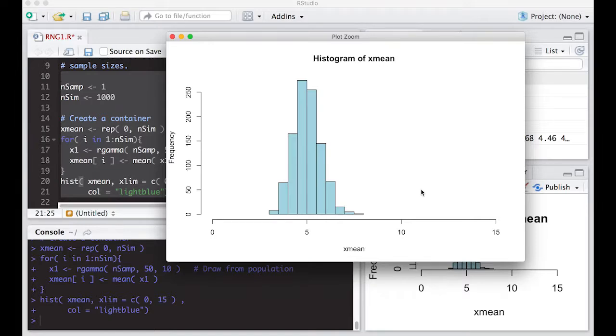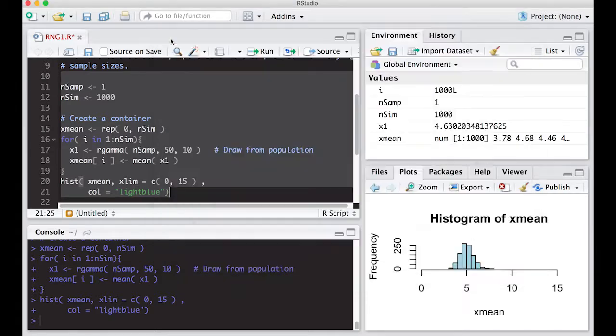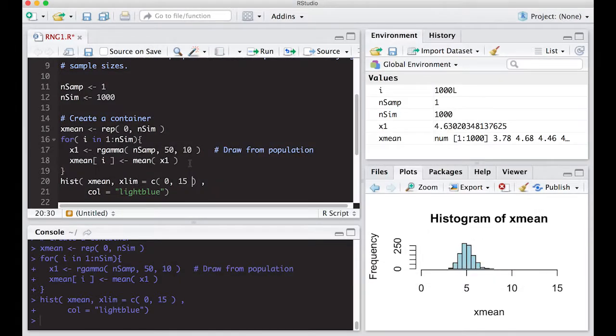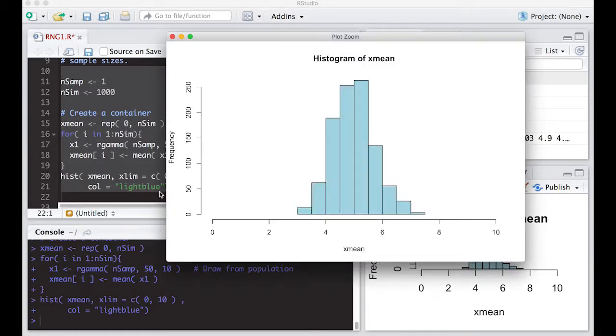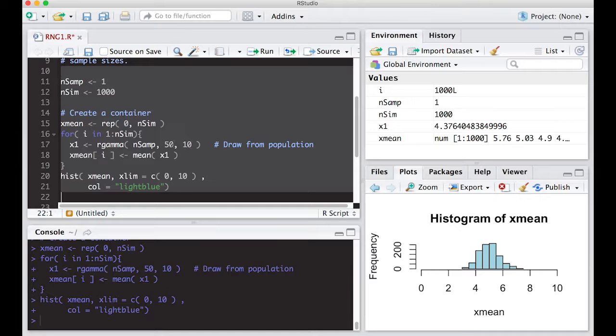Okay, so maybe we don't need it to go all the way out to 15 here. So I'm going to change that. 10 was enough. And we're going to run this and see what it looks like. So this is centered at 5. Maybe we want to play with it a little bit more.